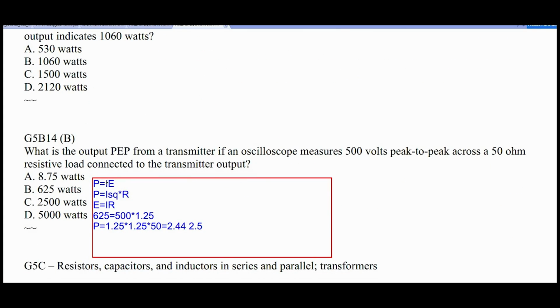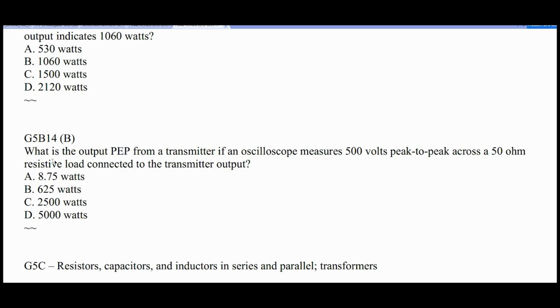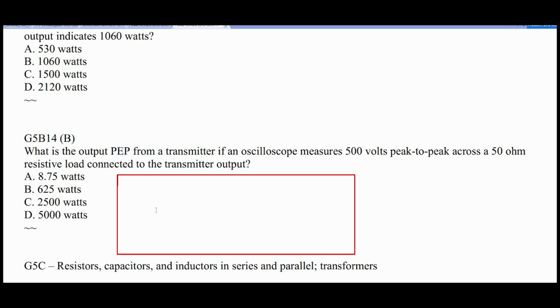All right, this one I played with earlier, and I had trouble getting the right answer, so let's see if I can do it. G5B14, what is the output PEP from a transmitter if an oscilloscope measures 500 volts peak to peak across a 50 ohm resistive load? And again, I don't know why these questions are on here, but P equals IE.